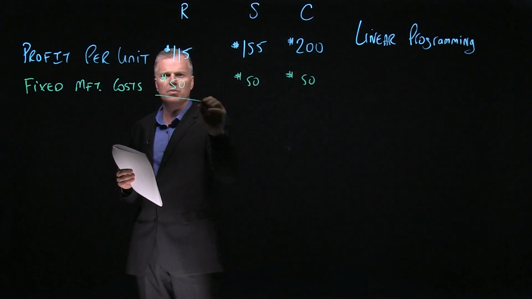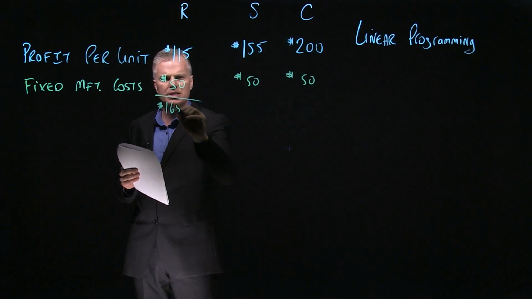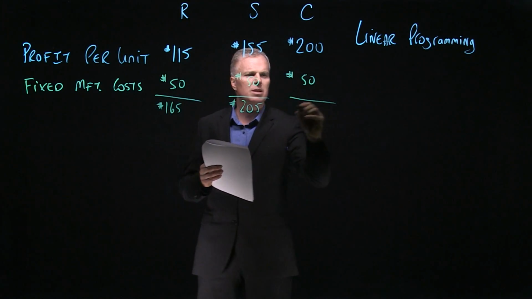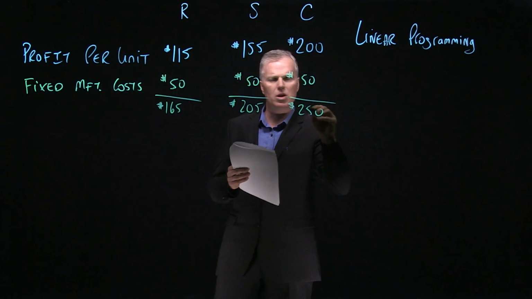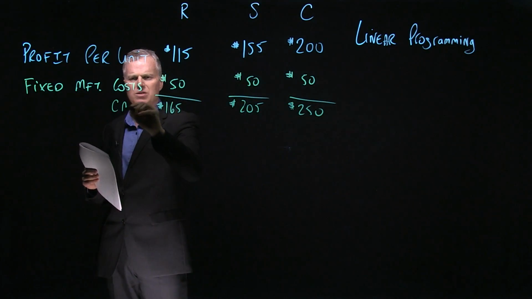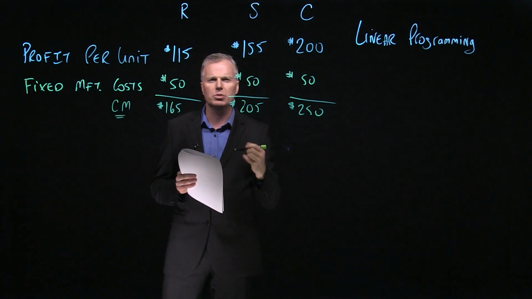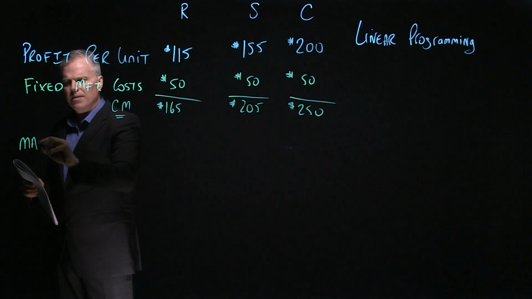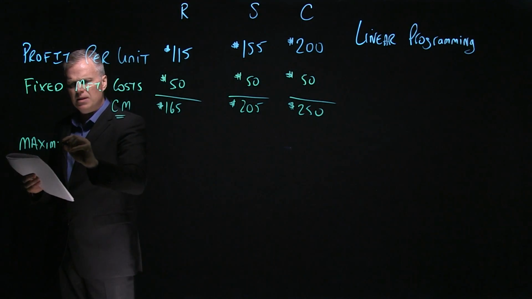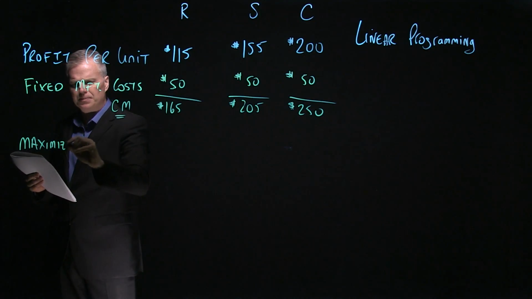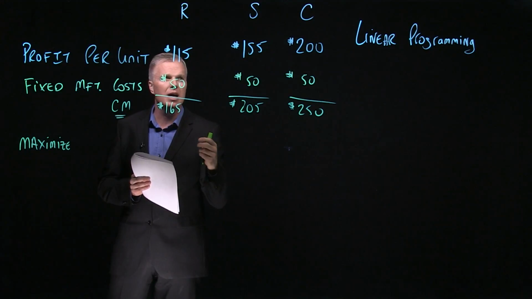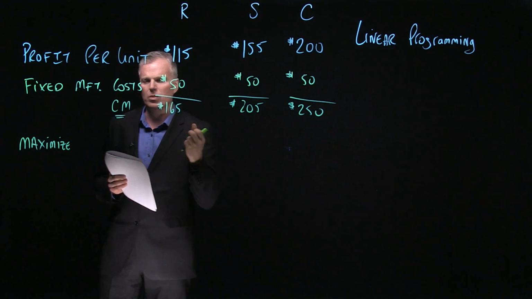And then now we will have $165, $205, and $250. Remember, we need to look at these values for the contribution margin. So in this case, our first value is to maximize the amount of regular, special, and collector that we sell.